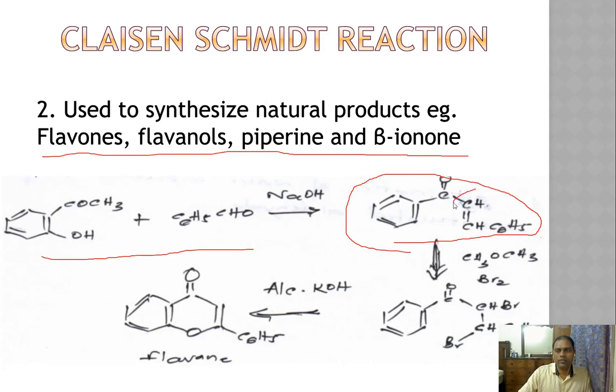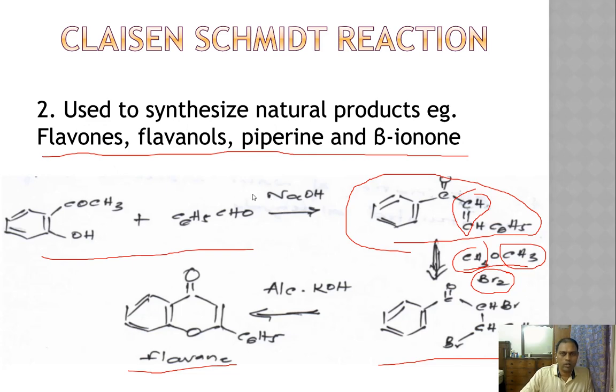You can see the alpha beta unsaturated bond there, and you continue this reaction using dimethyl ether and bromine. You get this intermediate product. You further subject that to alcoholic potassium hydroxide, and you get flavone, which is a natural product, so you can use these products in other situations.